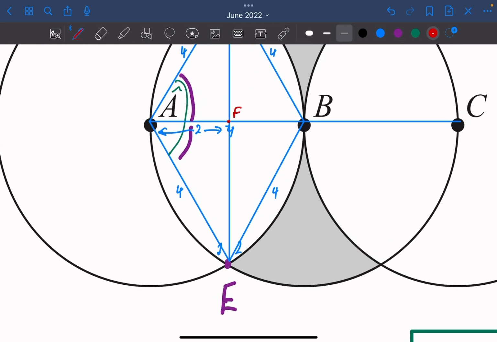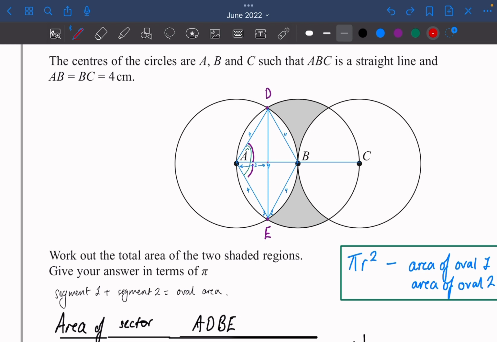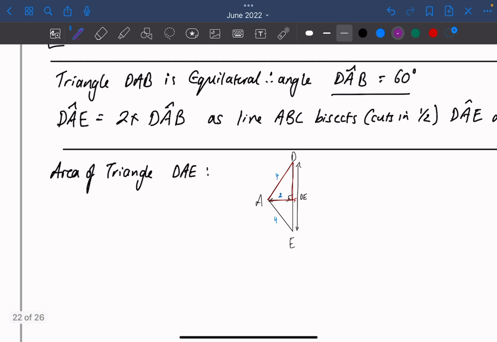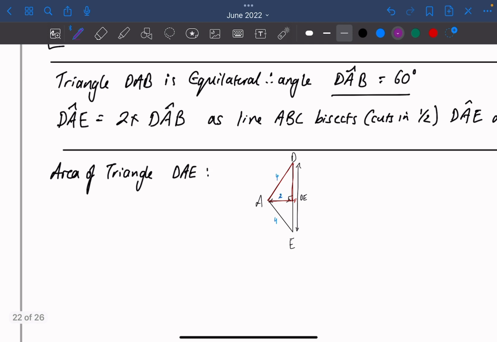So point F. We're looking at triangle DAF, which is now this smaller bit here that we're looking at. 4, 2, right angle.